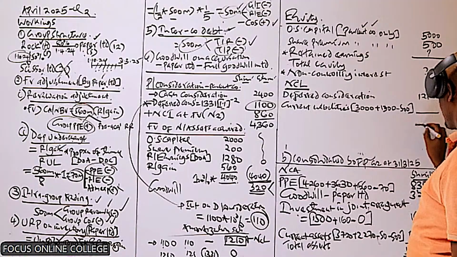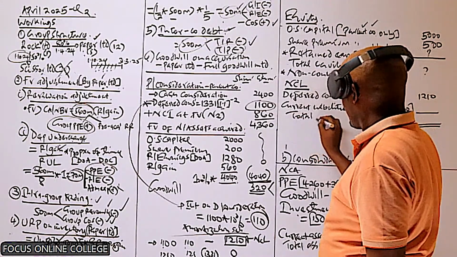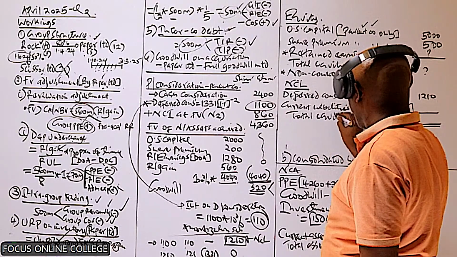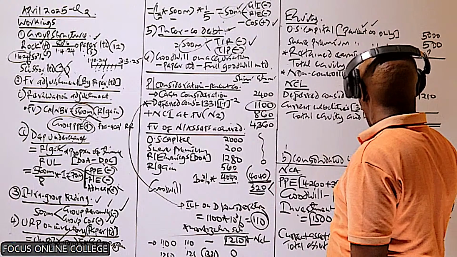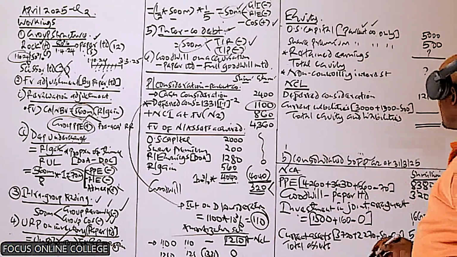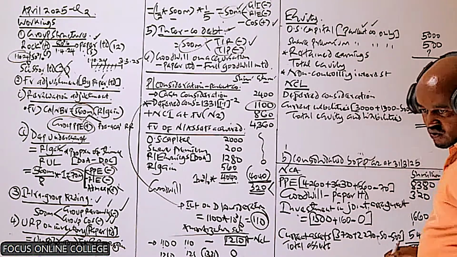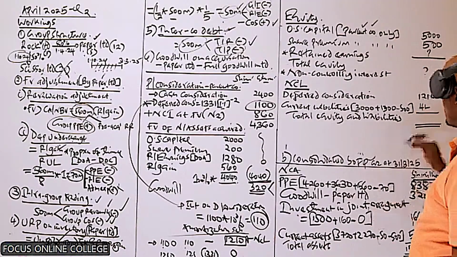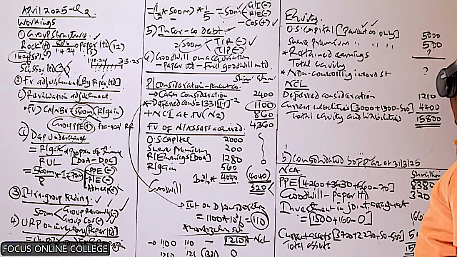So give me the final figure for current liabilities. I'm told it is 44. Yes, 44.